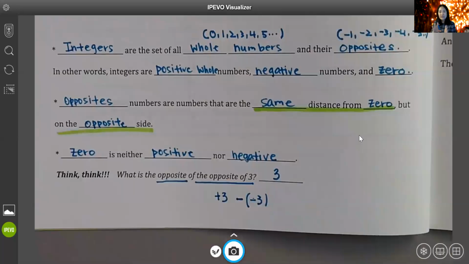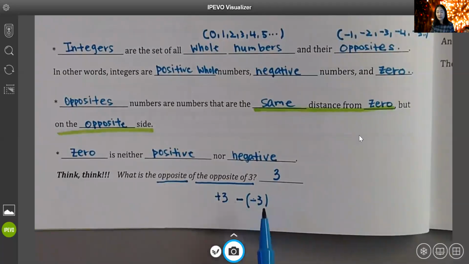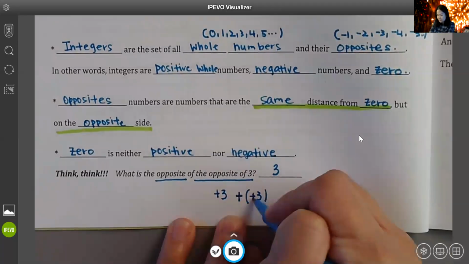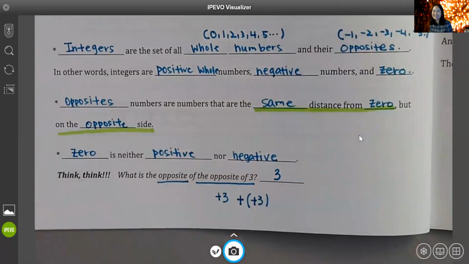Okay, and later in 7th grade, you don't need to really know this right now, but in 7th grade, you're gonna learn that when you have an opposite of a negative, so you have a negative here, and then you have another negative, then they become positive, okay?